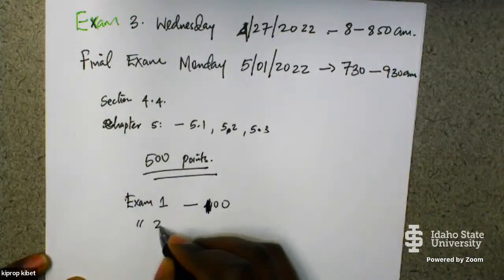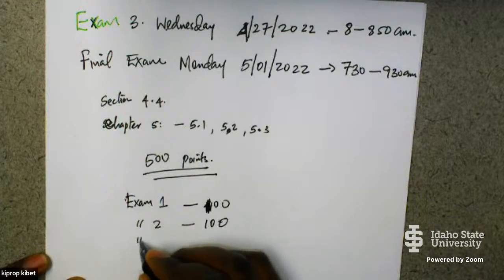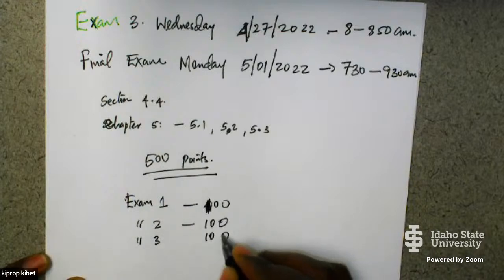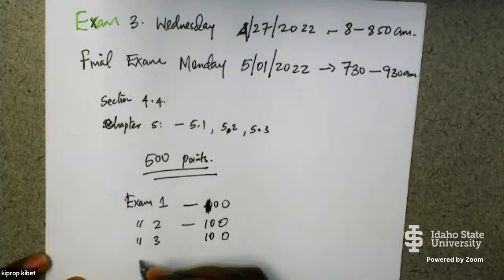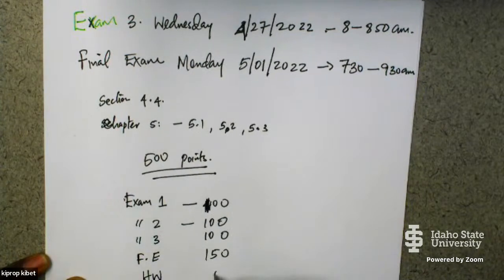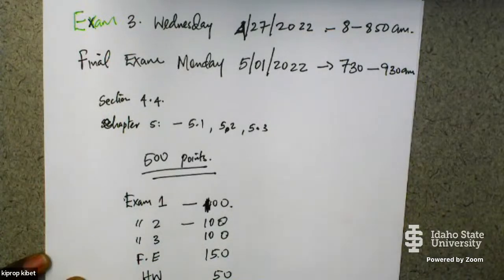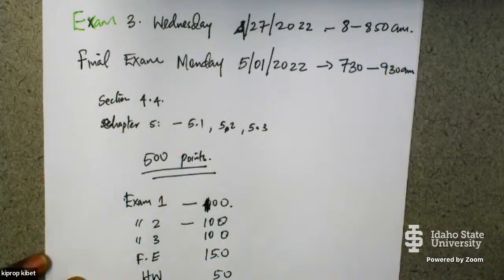Exam 2 is 100. Exam 3 is 100. Final exam is 150, and then homework is 50. So this will be 500 points.